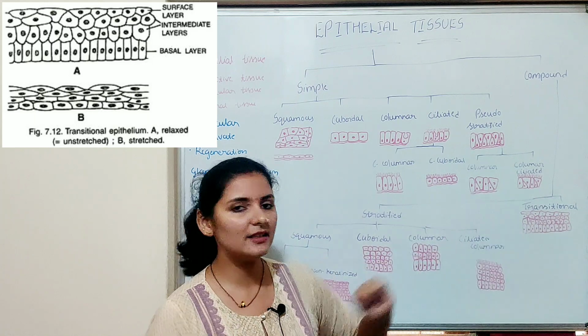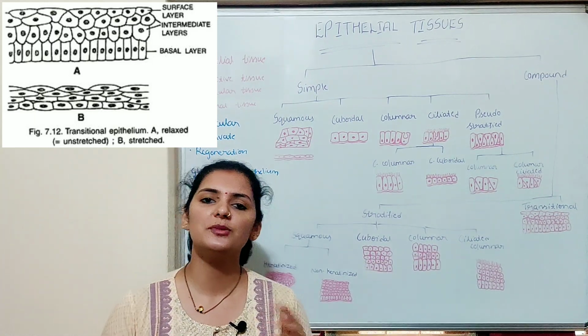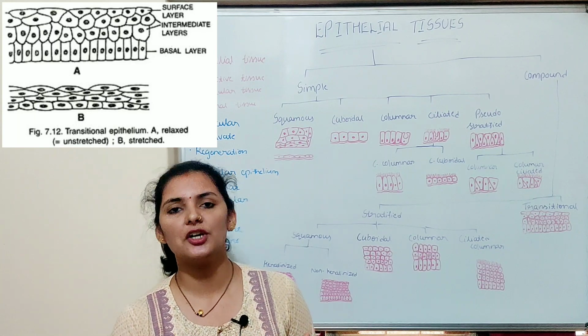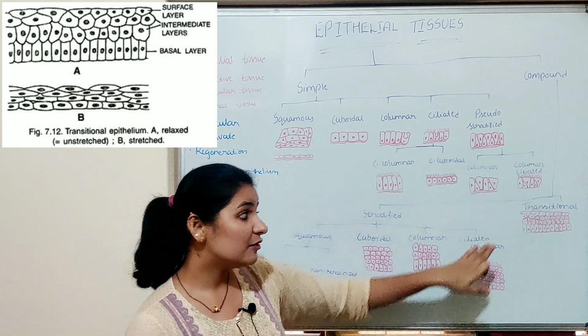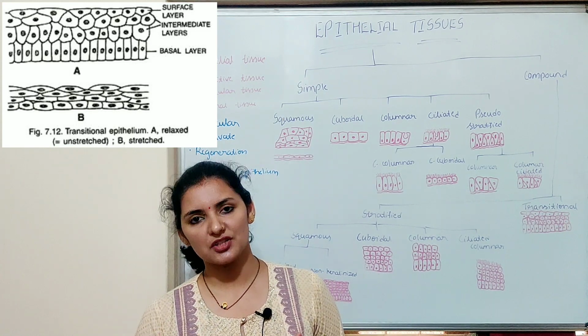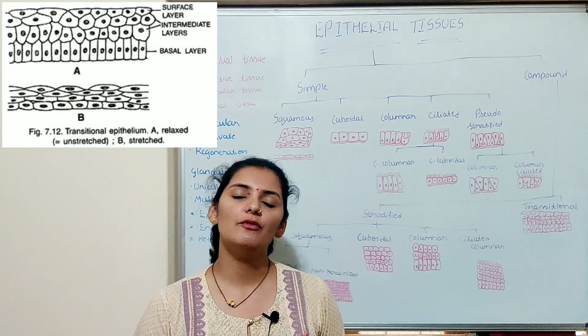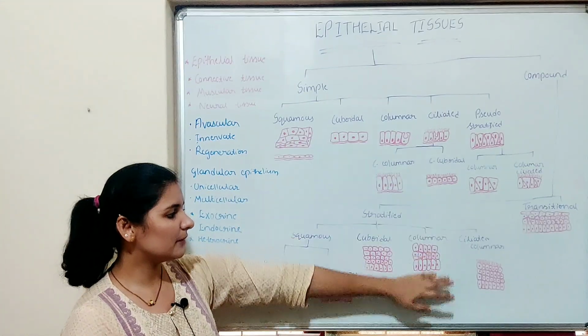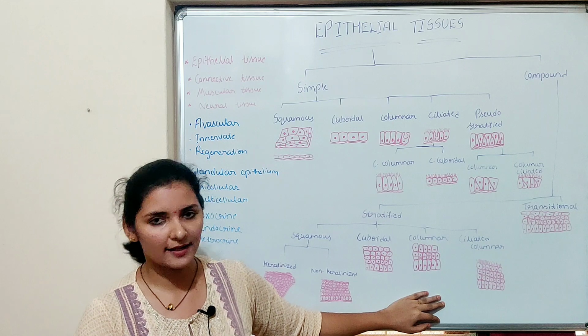This transitional epithelium is commonly found in most parts of the urinary system, like urinary bladder, ureter, urethra, etc. And the function of this transitional epithelium is that it allows maximum distension or stretching of the part without any damage. So that is all about the different types of epithelial tissue, their position and their function.